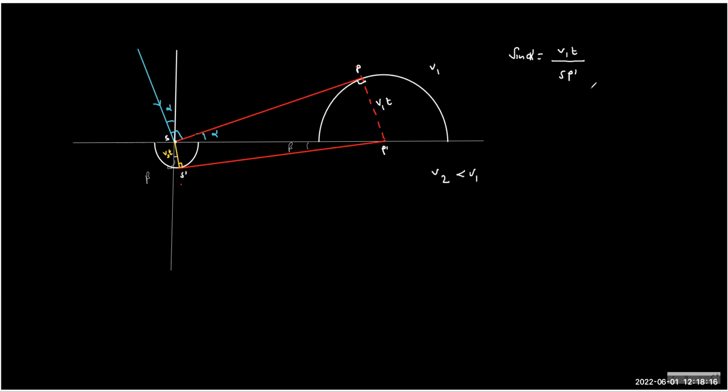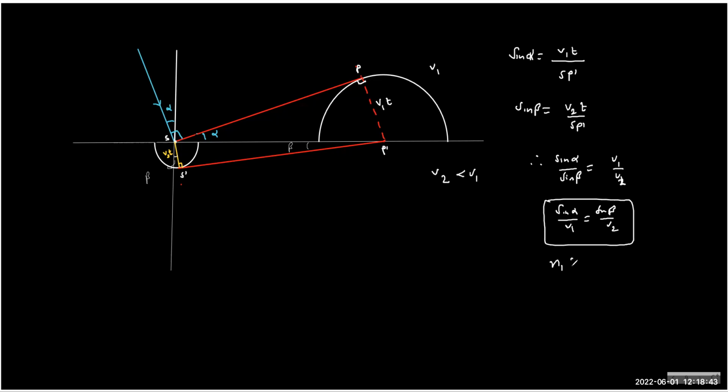SP dash is the common side of the two triangles, and sin beta you can say as v2t by SP dash, and therefore sin alpha upon sin beta is v1 upon v2. So again, this is the Snell's law. If you have not understood this part, don't worry, because you need to learn the Huygens principle.